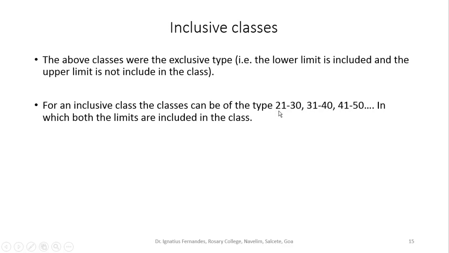Look, I write 21 to 30, and then I don't start with 30 here, I start with 31. What I mean is that 21 and 30 both are included in this class, 31 and 40 both are included in this class, and so on. These are called inclusive classes.